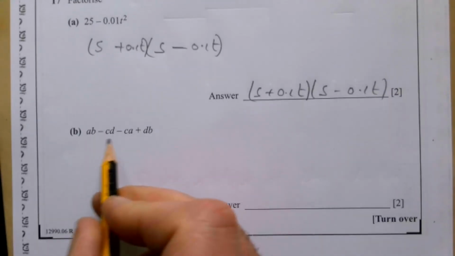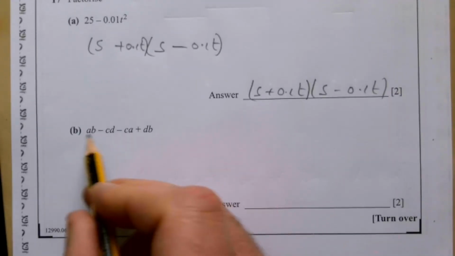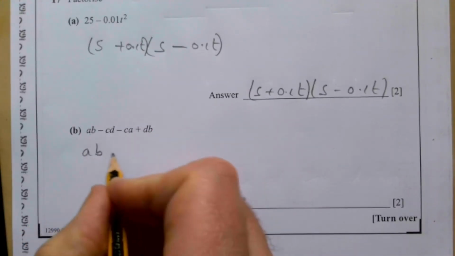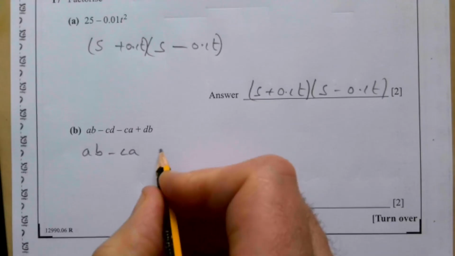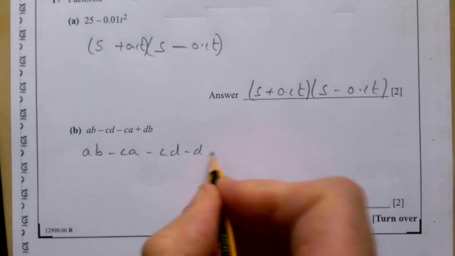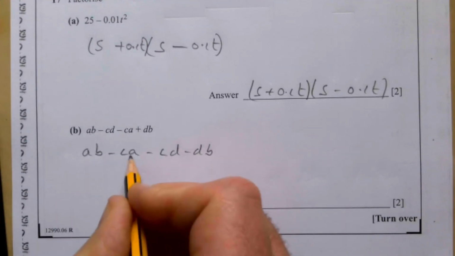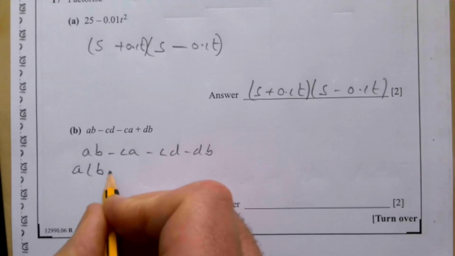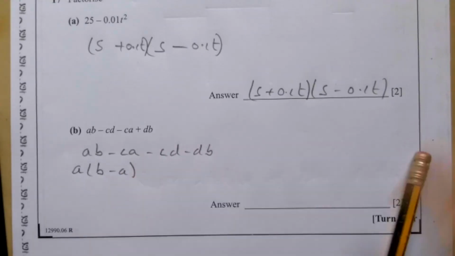AB minus CD, so we're going to factorise this. There's no common factors in the first two, and I want them, so I'm going to rewrite a bit of this. So I'm going to go AB minus CA minus CD minus DB. Factorising the first two terms, we have A upon then B minus A. And you know what?